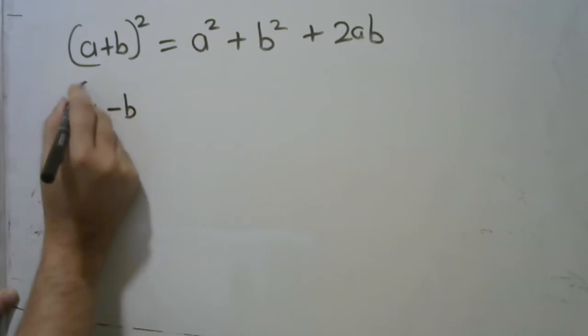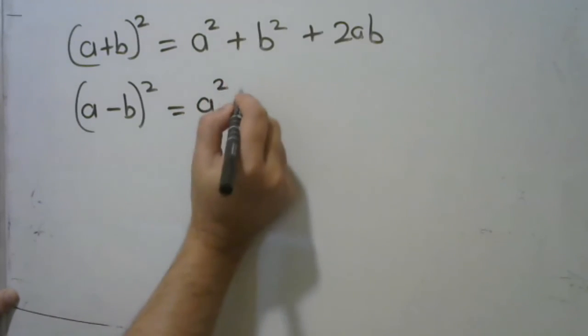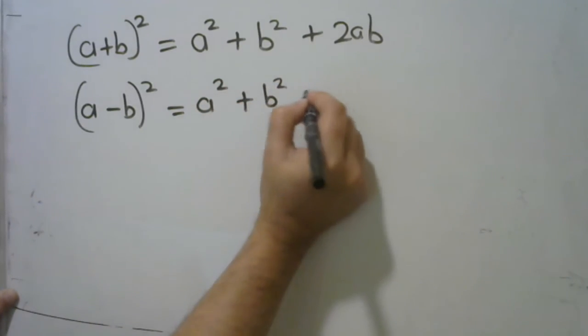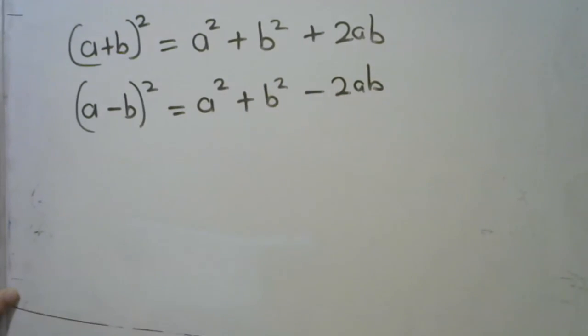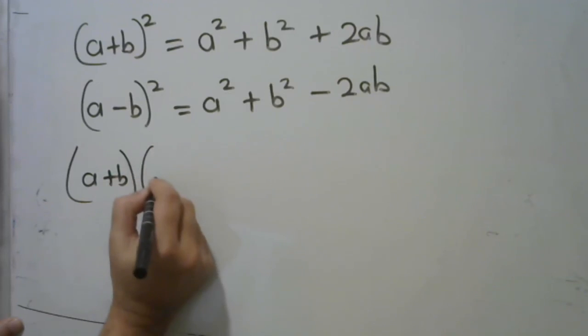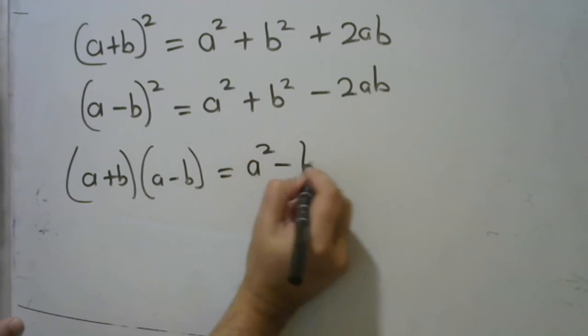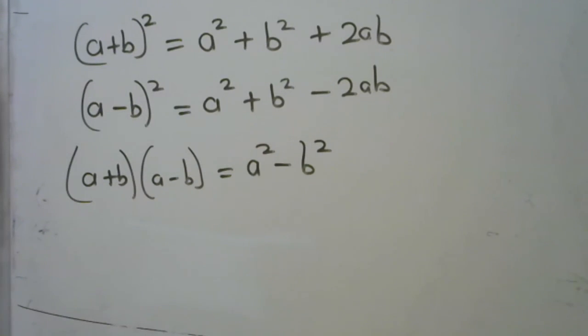A minus B all squared is equal to A squared plus B squared minus 2AB. And A plus B times A minus B is equal to A squared minus B squared. Now we'll use these ideas for other stuff going forward. So I will stop here.